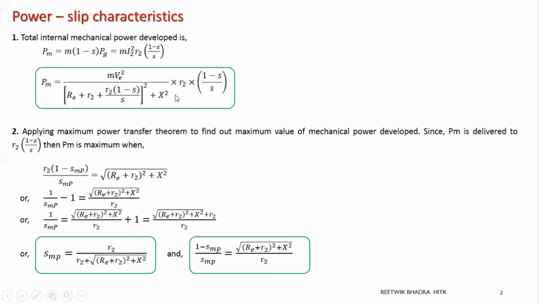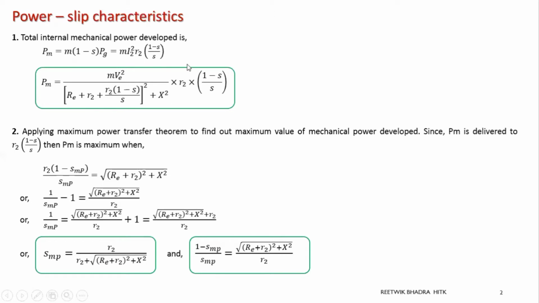Before going into drawing the characteristics, we'll find out the maximum value of this mechanical power developed. Like we had found out the maximum value of torque, we'll now find out the maximum value of power developed. Again, we apply the maximum power transfer theorem to the circuit. In the maximum power transfer theorem, the load impedance will be equal to your Thevenin's equivalent impedance.